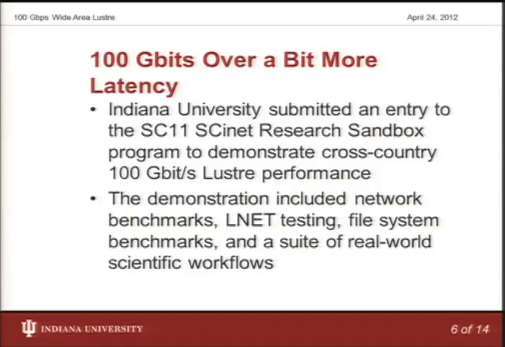So we got a group of scientists who have moderately to high I/O workloads, and we wanted to put them on the system and see what they could get out of this 100 gigabit link.